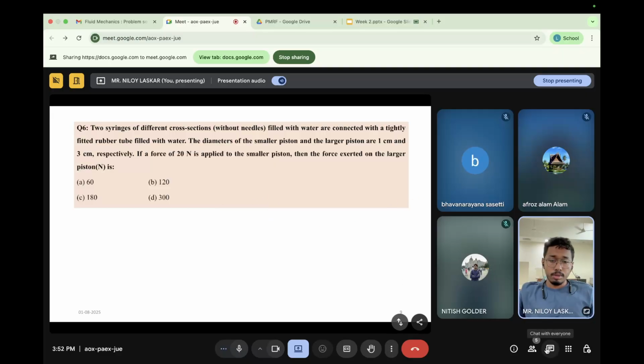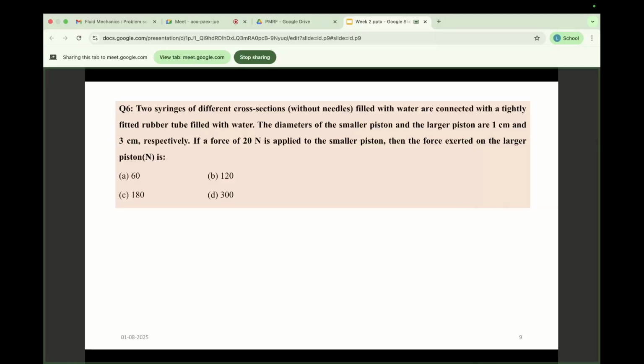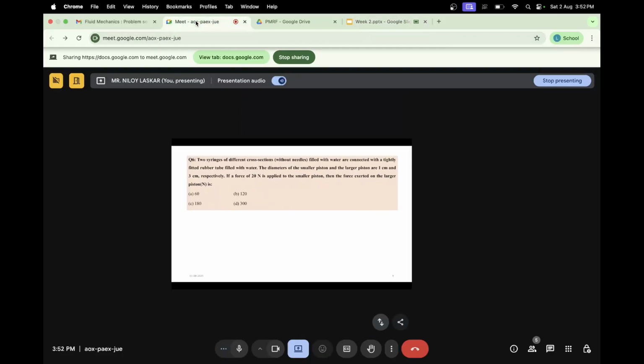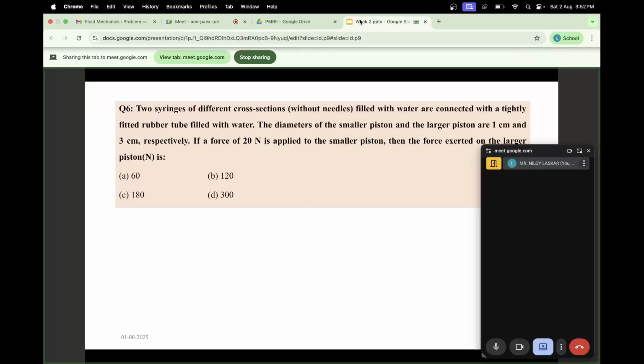So let me solve this for you. Can I start? Option D, one option. Okay, let's see. I am solving this now.